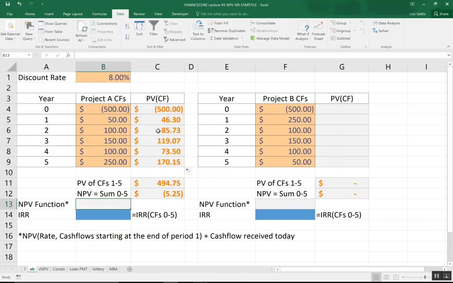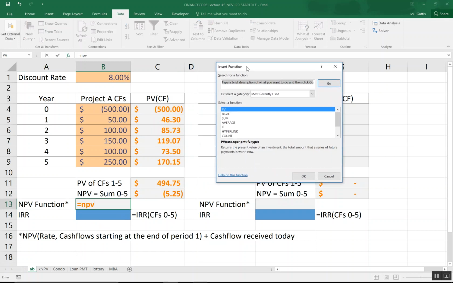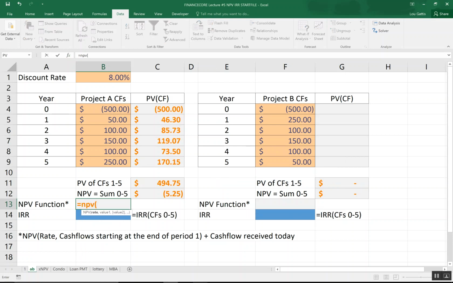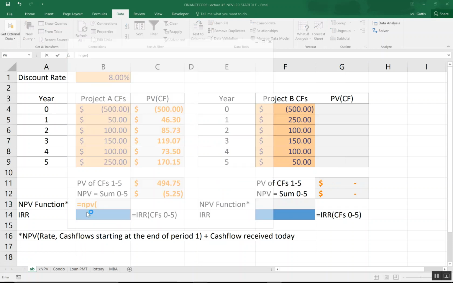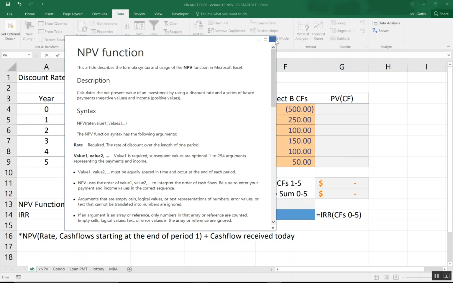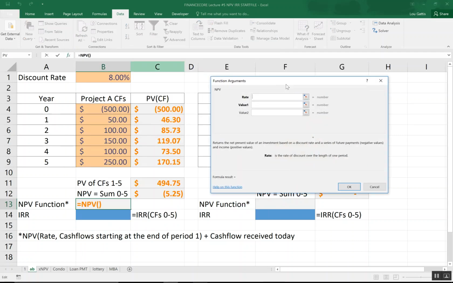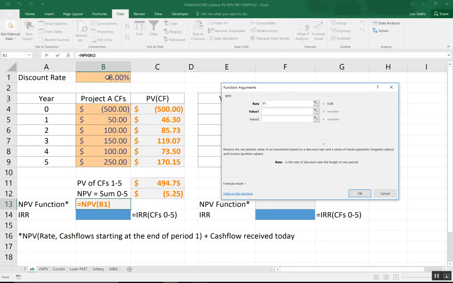Now let's actually use the NPV function. So there is a function called NPV, and I'm going to bring up the wizard, or the dialog box, for that. It asks us for the discount rate, 8%, and it asks for the values.